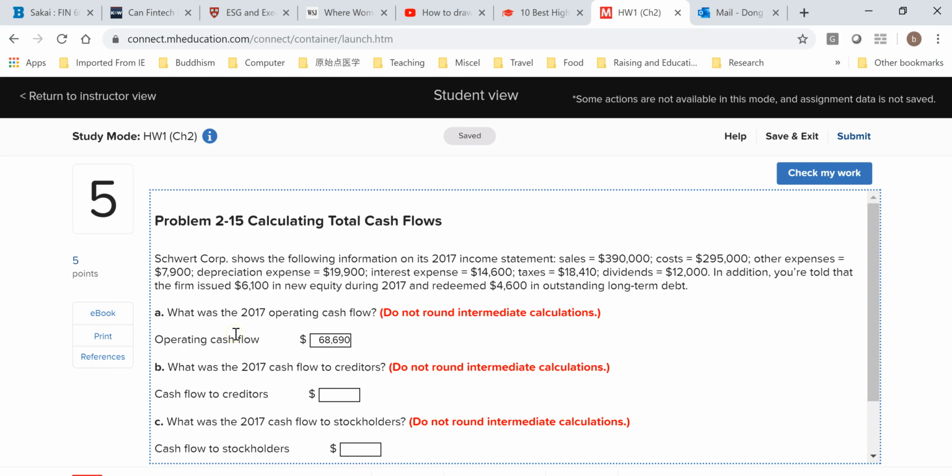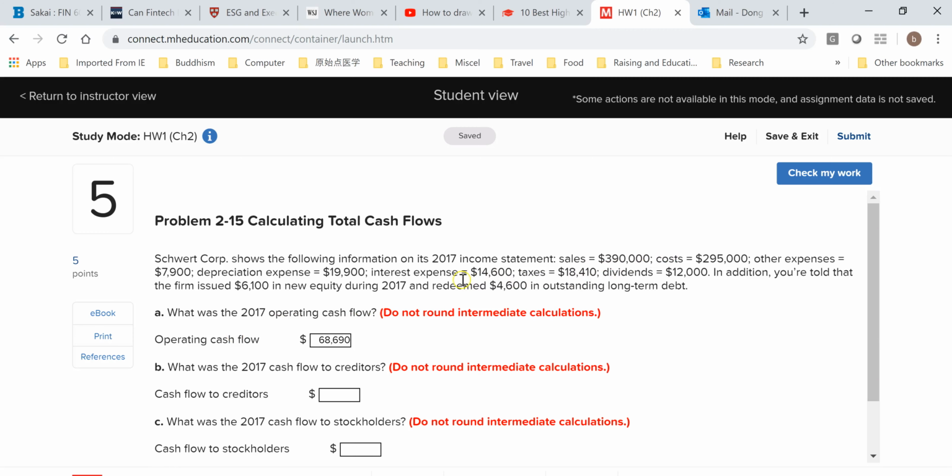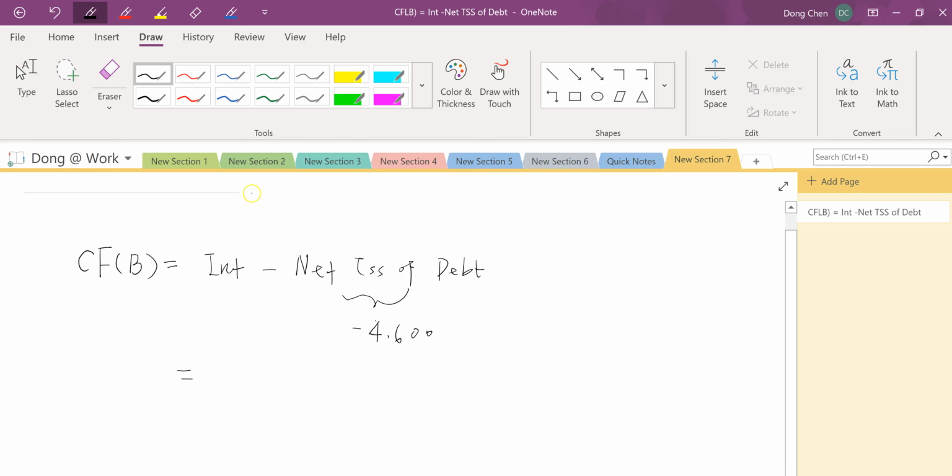So interest payment is right here, 14,600. And let me write this down in full so you don't get confused. So this is minus and then minus again 4,600. Again, this minus becomes positive, becomes plus. So that's why you end up with this.